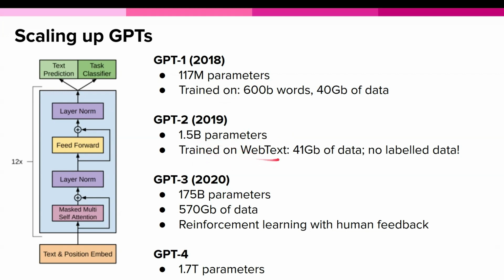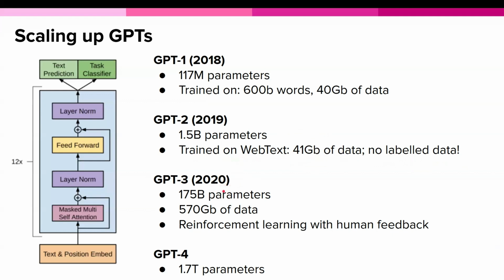It was trained on data from the web, a similar amount of training data, but this time from the web. And a big difference in GPT-2 was that they did away with the supervised fine-tuning phase and just used the unsupervised, generative pre-training phase.